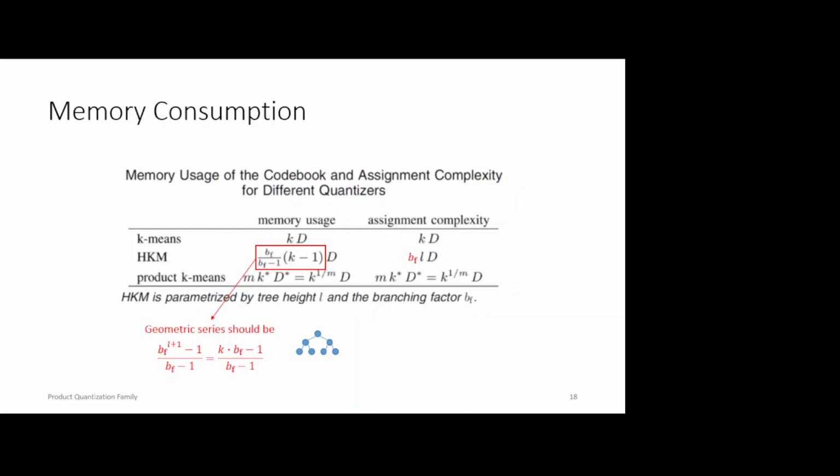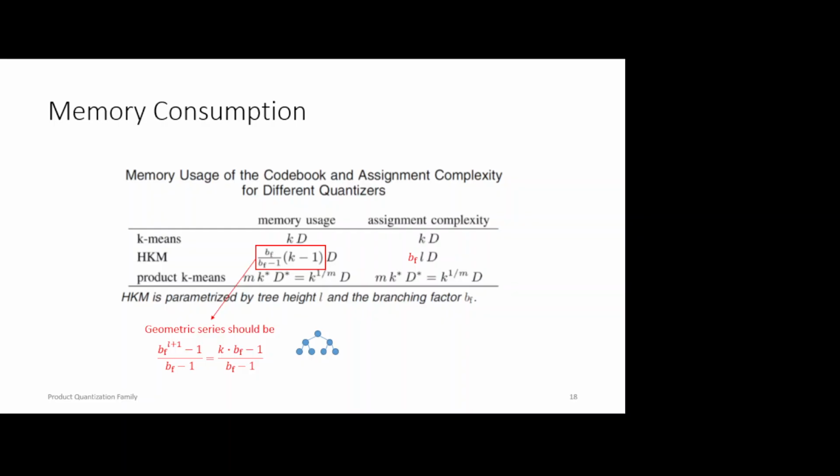So you just need to go along one path. You don't need to compare all the clusters, all the centroids. It is much faster.